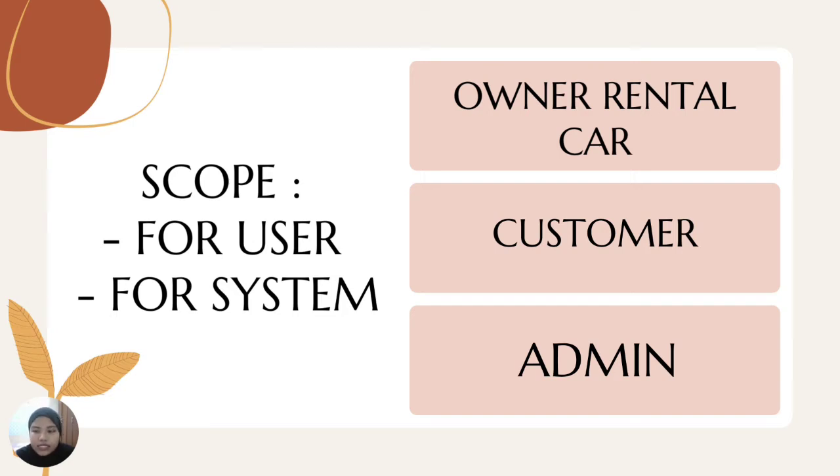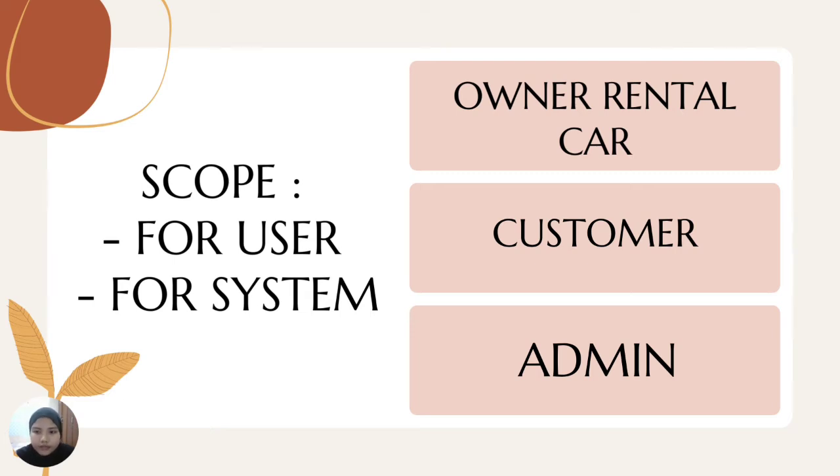For system scope, this system can be used by the owner and admin of the rental car in this car rental system. Each user has a different interface. The project focuses on rental cars. Customers need to access the car rental system using a registered account.